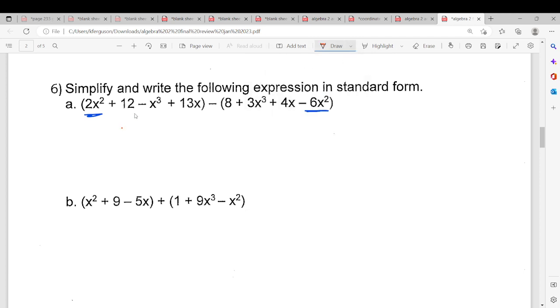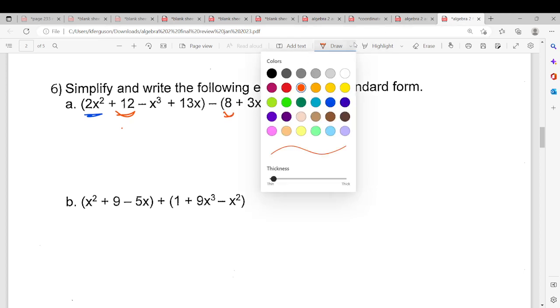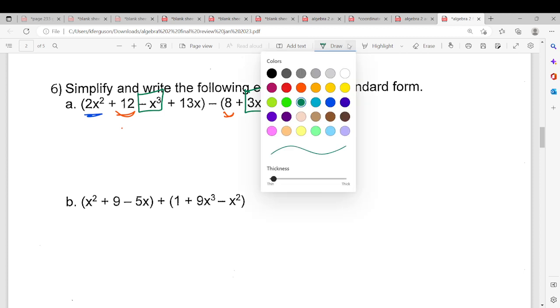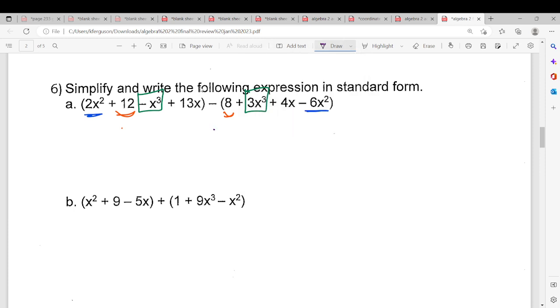There we go. I've got constants. I've got x to the third power. And then I've got, let's see, what color haven't I used? Purple. Then I've got x's.